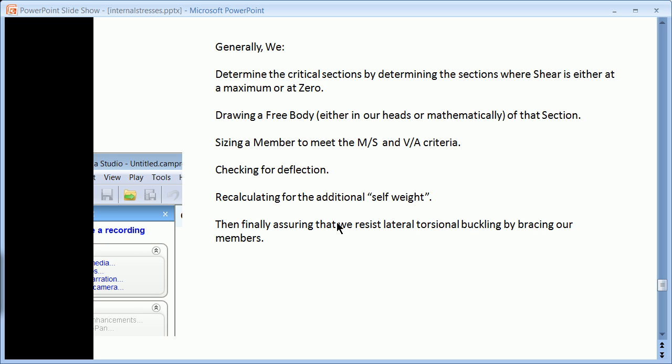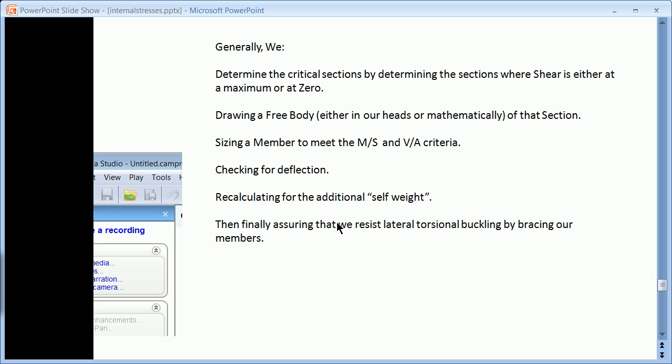We need to determine the critical sections where shear is at a maximum, for worrying about the actual shear forces or shear stresses going across, or even sometimes more importantly, where the shear is zero, because where the shear is zero, the moment will be at a maximum. We draw a free body through that section or sections.